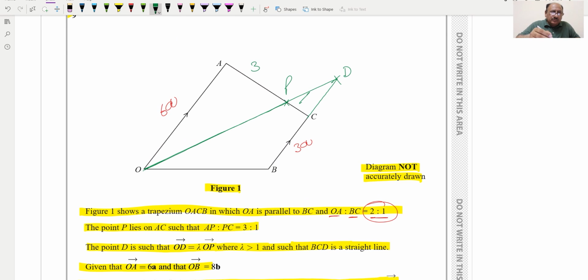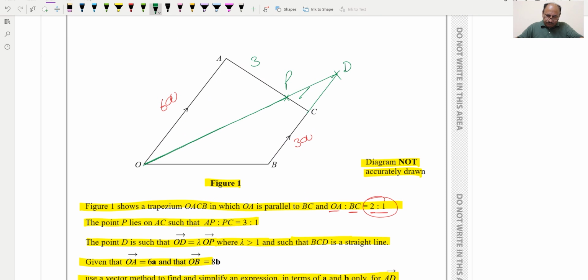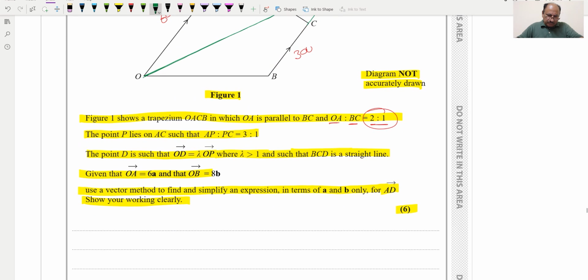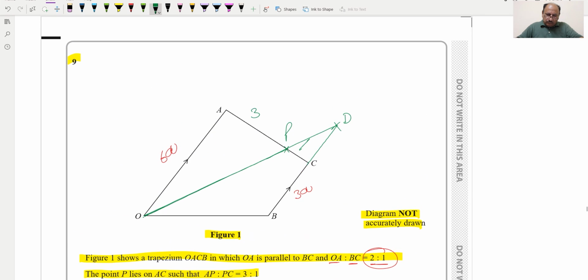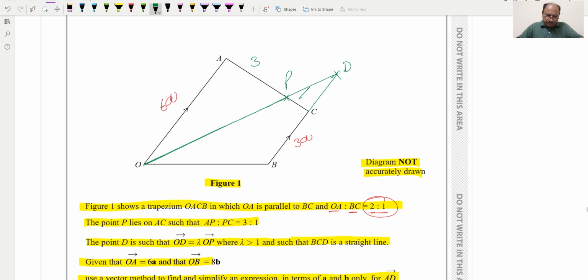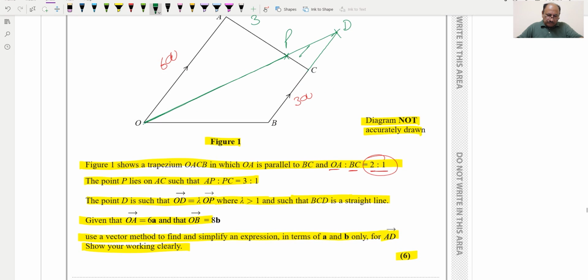We have OB equal to 8B, which is provided.